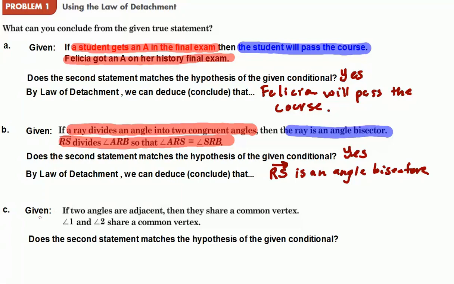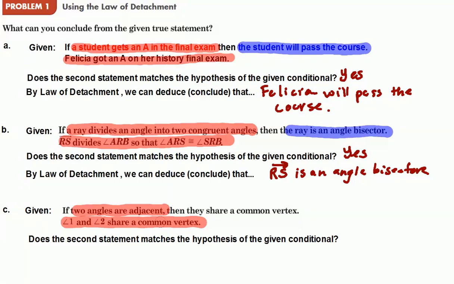Now let's look at the third one. For the third one, it says, if two angles are adjacent, that's my hypothesis. The second statement says, angles 1 and 2 share a common vertex. All you have to do is see if it means the same thing. Two angles are adjacent. Angles 1 and 2 share a common vertex.